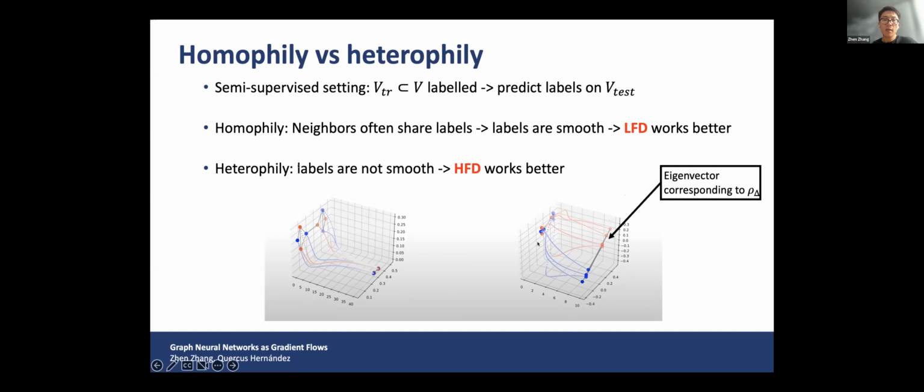There is this separation called homophily and heterophily, where homophily means that neighbors share labels, and heterophily means that the labels will not be smooth, in the sense that neighbors will not share labels. So in the first case, the homophily case, because the labels are smooth, the low frequency dynamics will work better. But in the second case, the high frequency dynamics will work better.